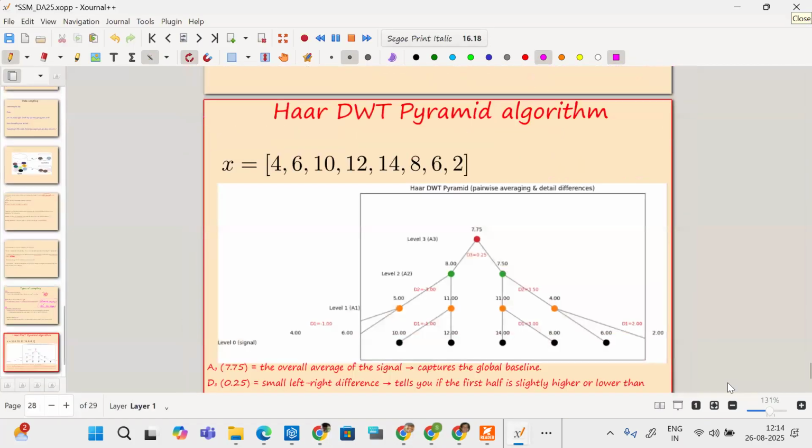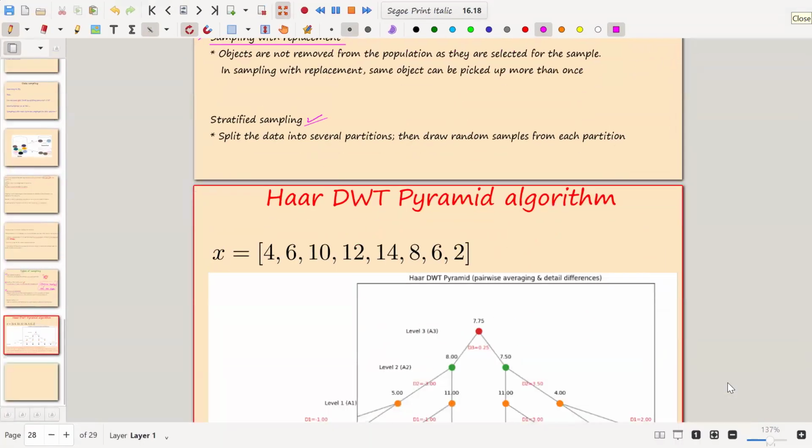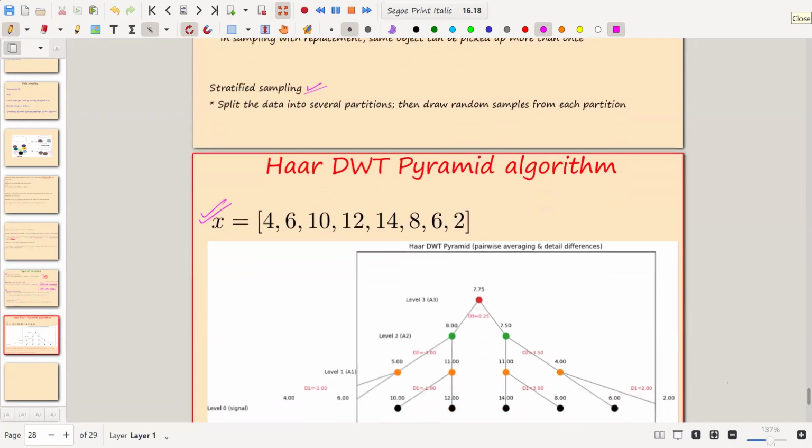Let us see this example over here. It's very simple. No need to get too worried about this algorithm. Suppose you have a very tiny data set, an array like 4, 6, 10, 12, 14, 8, 6, 2. All these are your data here.